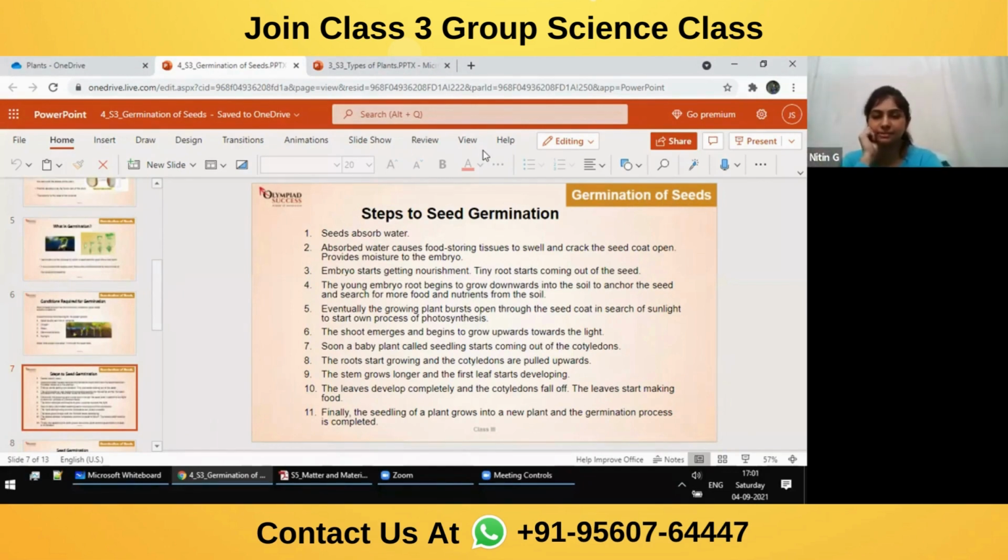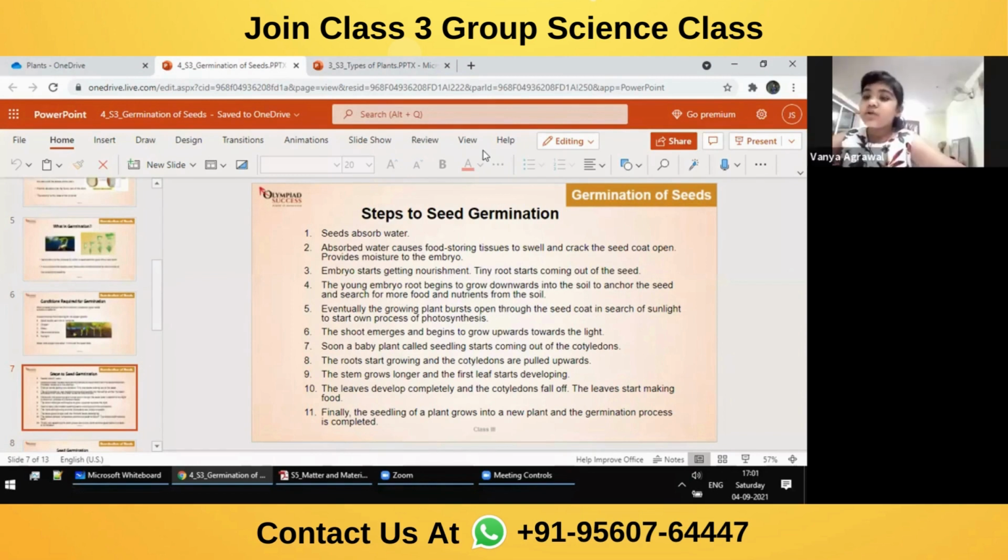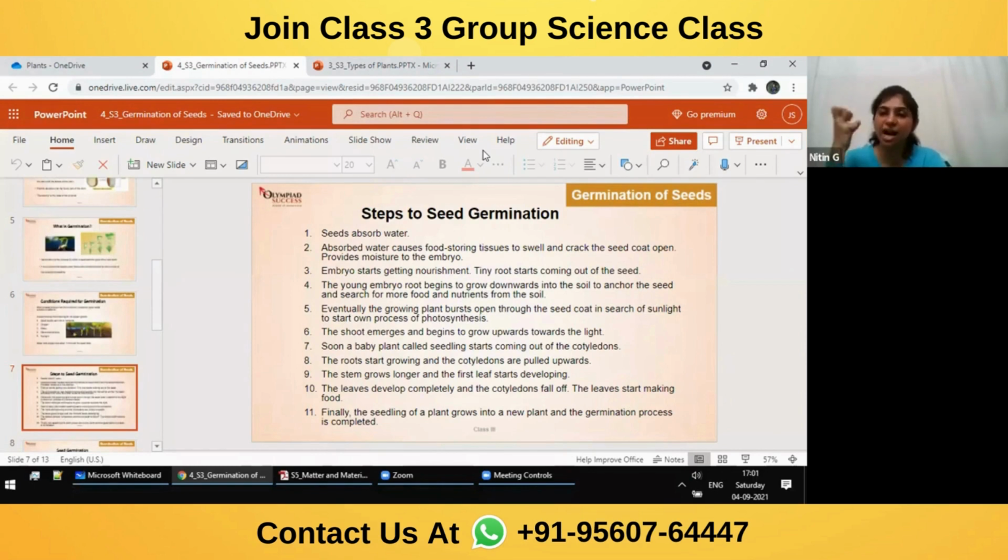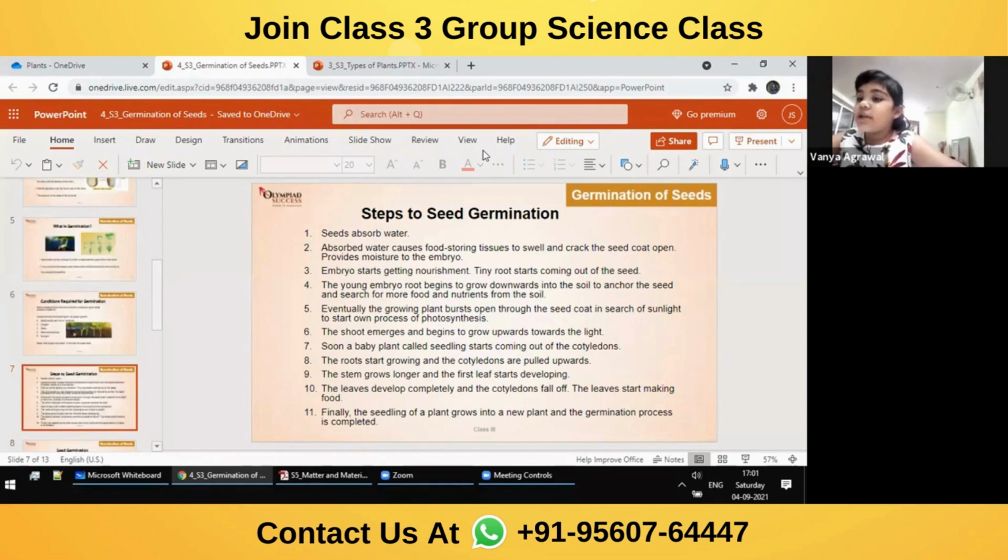Third, the embryo starts getting nourishment. Nourishment means nutrients; they are getting the nourishment to grow. Tiny roots start coming out of the seed.